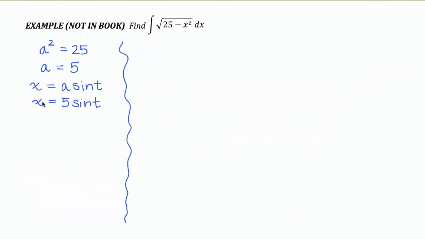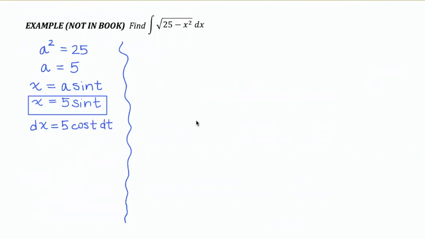And automatically, once you have that substitution set up, you need to calculate what the dx would be. And the derivative of this expression would be 5 cosine of t dt.